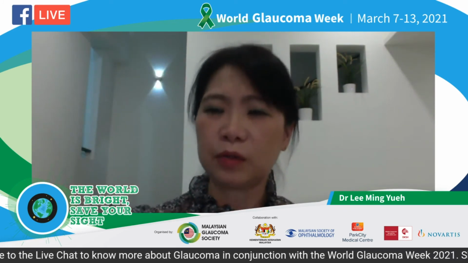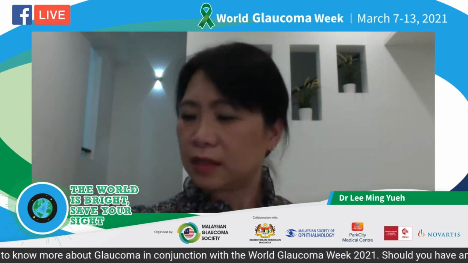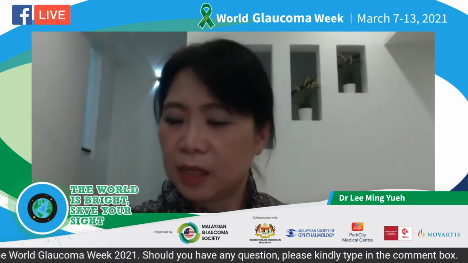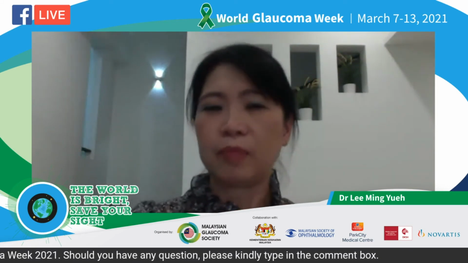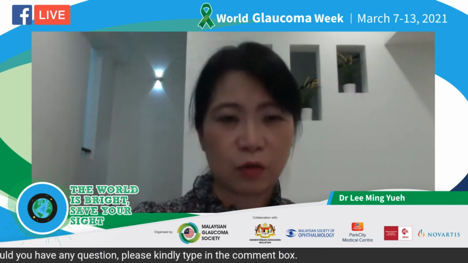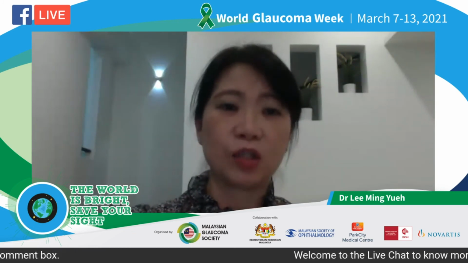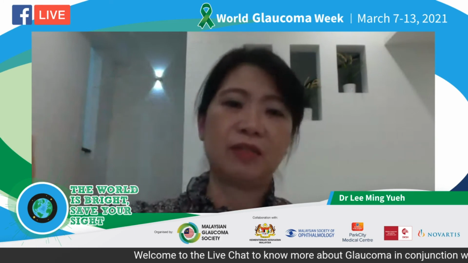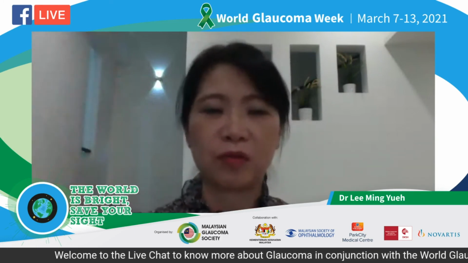The second question is, does blood pressure affect glaucoma? Yes, if you have high blood pressure, you can get glaucoma indirectly. If your blood pressure is too high, you are at risk of getting a stroke. If you get a stroke in the brain, you have hemiparesis; you can't move your upper limb or your lower limb.